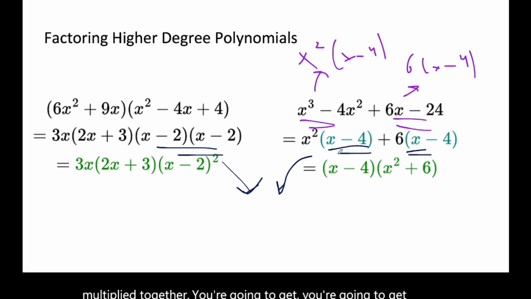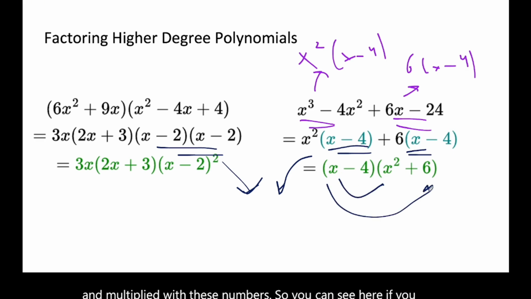But when they're separated into their own individual expressions, those can be considered like terms. Think about it like this: like terms in this part of the equation, and this is what's being factored out and multiplied with these numbers. So if you factor this out together and factor this out together, it's going to give you that, if that makes sense.